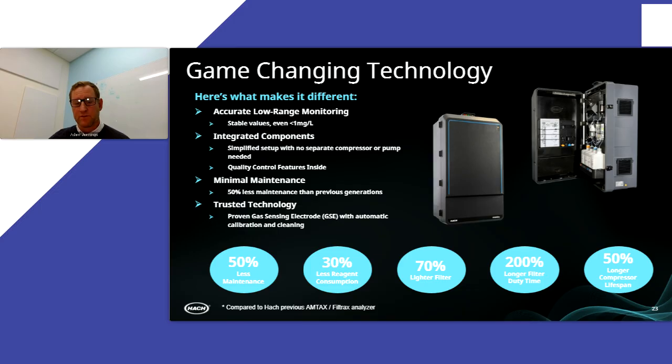We can do that now with 50% less maintenance than we had with our previous versions. These values are based on some of our technology in the past, the predecessor, the Amtax. And we're using 30% less reagents. One of the huge improvements that we've made to this setup is a 70% lighter filter. And we're going to talk about that a little bit more.